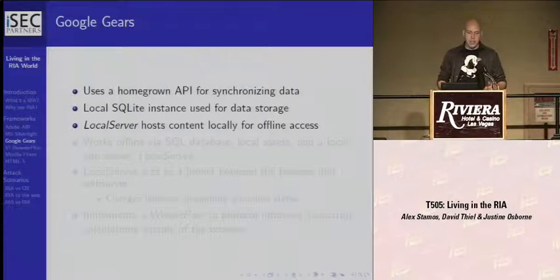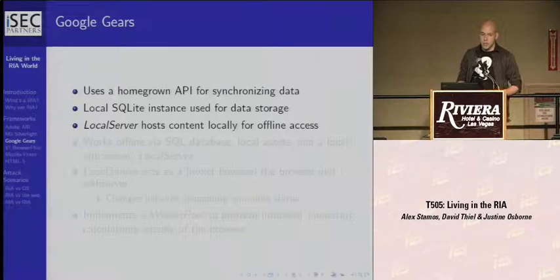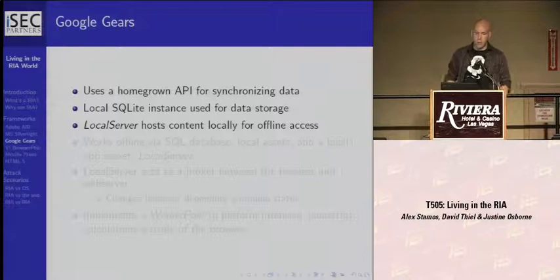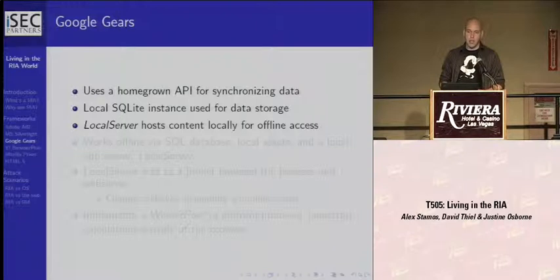So what Gears consists of: there's an API for syncing data between your local machine and site. There's a SQLite instance locally that actually stores the data for that syncing. There's also a locally running application server. So you've got a browser plugin that, if you're disconnected, will cache content and serve it back up to you from a local web server.